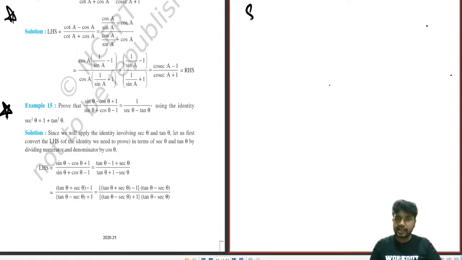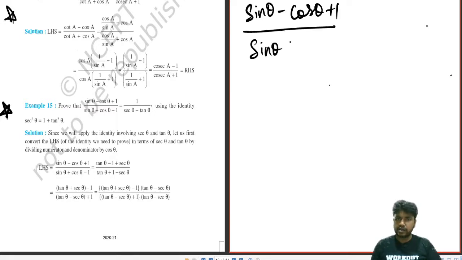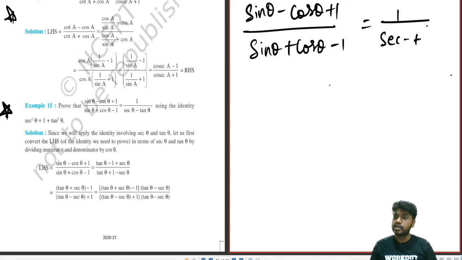Prove that (sin theta minus cos theta plus 1) by (sin theta plus cos theta minus 1) is equal to 1 by (sec theta minus tan theta). This is the question, using the identity sec square theta is equal to 1 plus tan square theta.